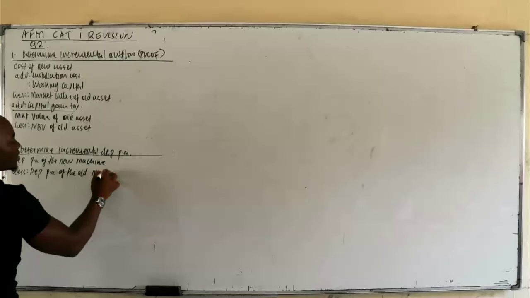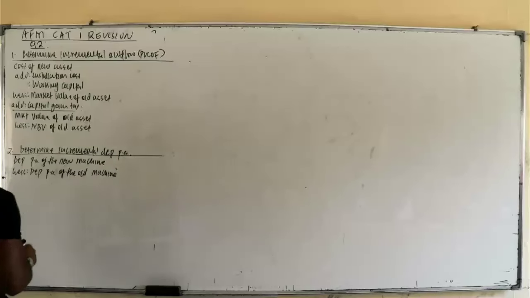Then step number 2, you determine the incremental depreciation per annum, whereby you take the depreciation per annum of the new machine, then you deduct the depreciation per annum of the old machine, of the old asset.